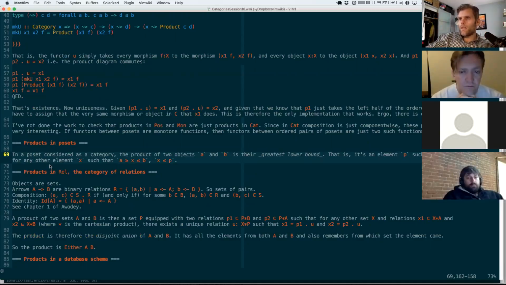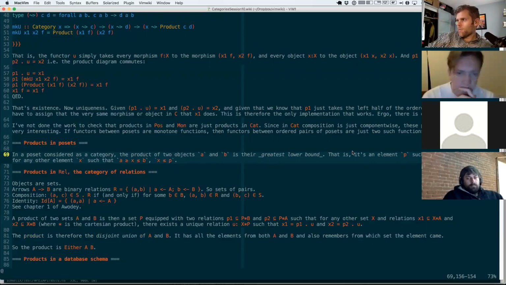And then for any other element X that has the same shape of diagram, X in the middle and arrows out to A and B, which is the top of that triangle, then there's a unique arrow that goes from X to P, which goes down the triangle. And that's just the fact that X must be less than or equal to P.